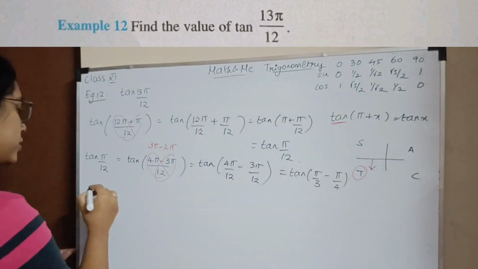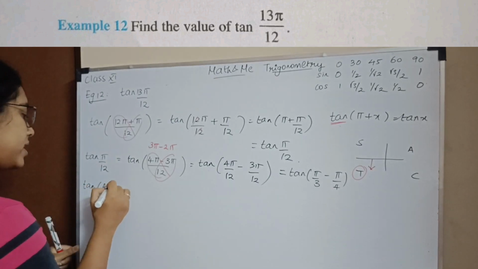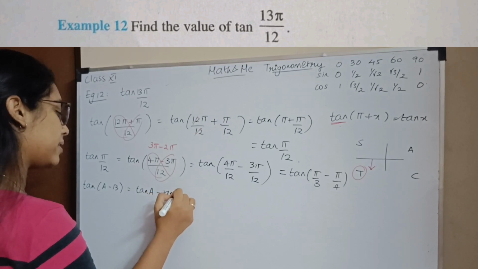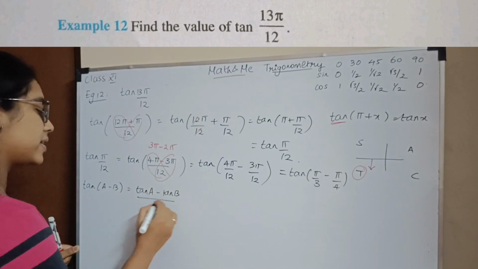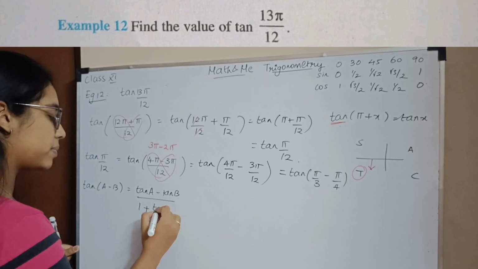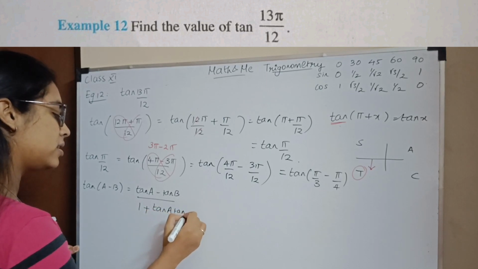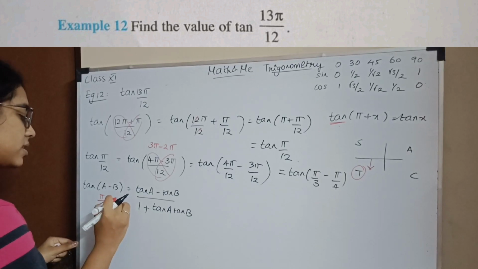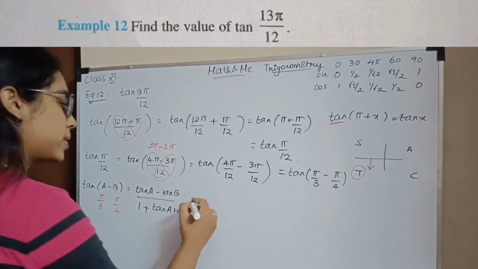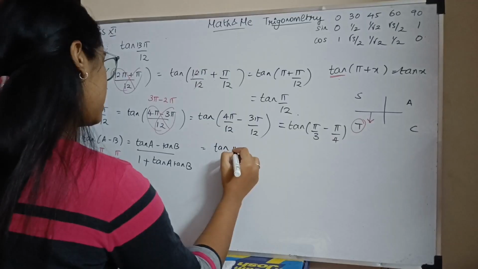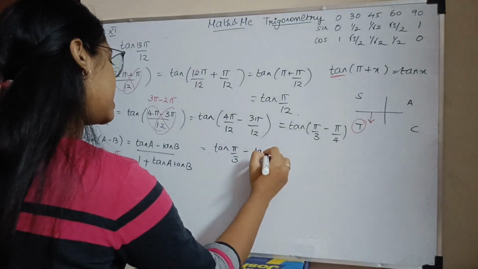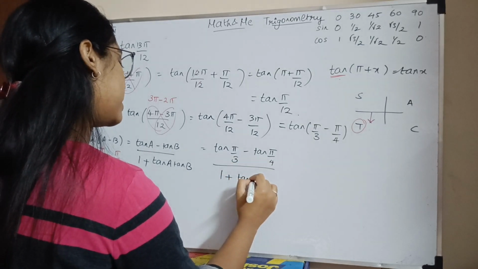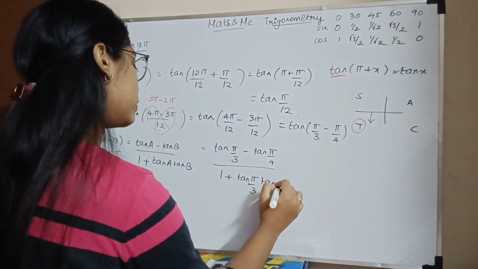So what formula do I use? Tan of A minus B is tan A minus tan B, minus minus divided by minus plus, 1 plus tan A tan B, where your A is pi by 3 and your B is pi by 4. So substituting the values, I'll have tan pi by 3 minus tan pi by 4 divided by 1 plus tan pi by 3 tan pi by 4 product.